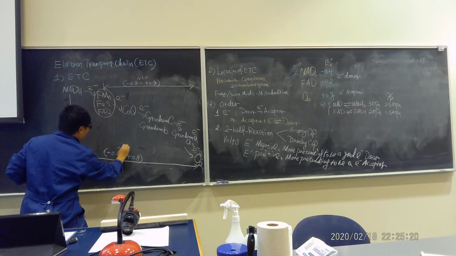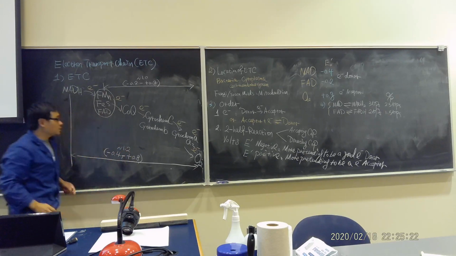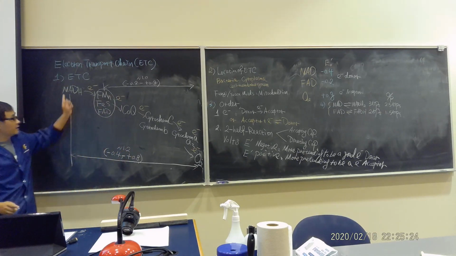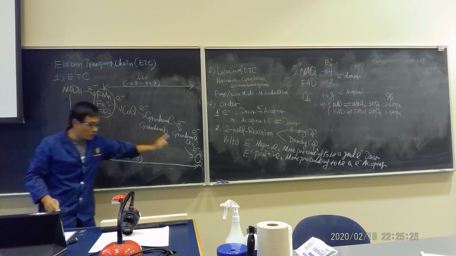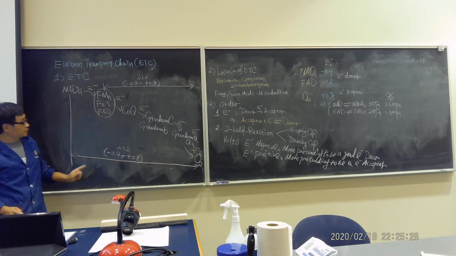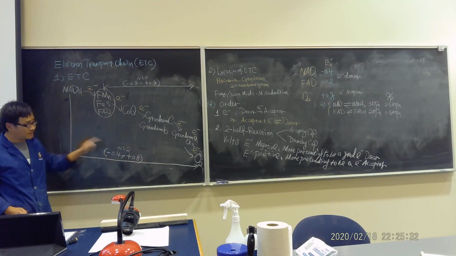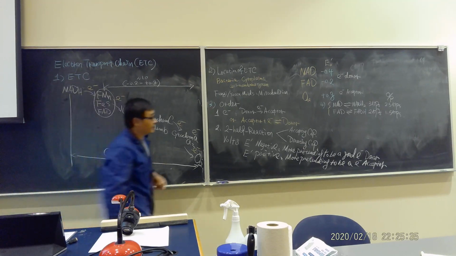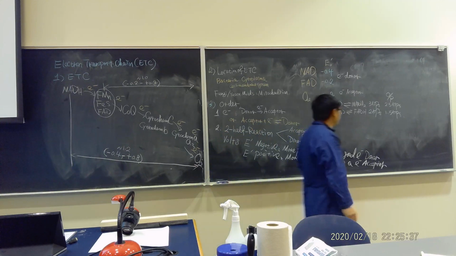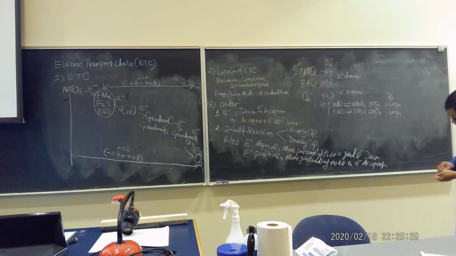This is approximately 1.2, and this is approximately 1.0. Because the voltage difference between NADH to oxygen compared to the difference between FAD to oxygen, the former one is larger than the latter one. That's why NAD generates more ATP compared to FAD.